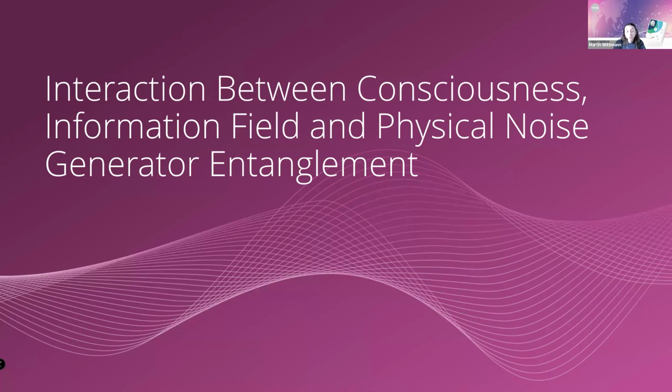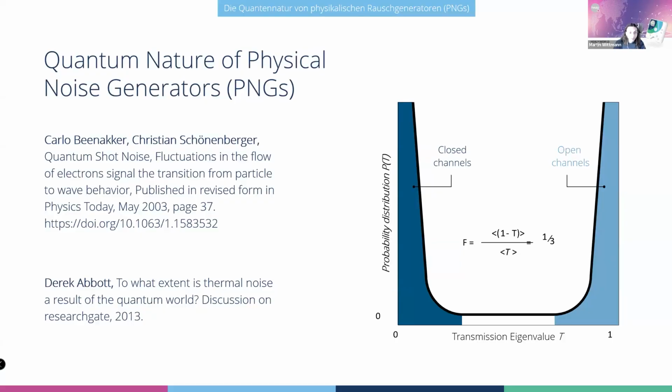Now the question I also get very often is about the interaction between consciousness, the information field, and physical noise generators, or physical noise generator entanglement. First of all, the quantum nature of physical noise generators. So what does that mean? The question was always, to what extent is thermal noise a result of the quantum world?